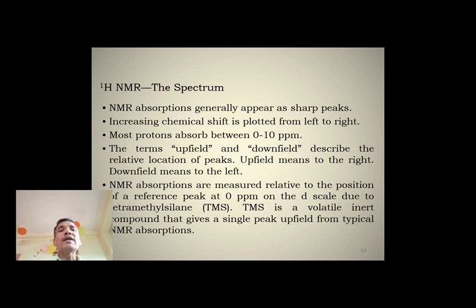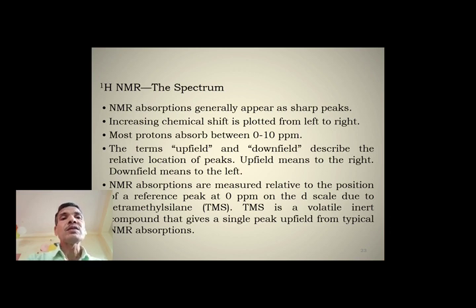In the proton NMR spectrum, NMR absorptions generally appear as sharp peaks. Increasing chemical shift is plotted from left to right. Remember, if chemical shift increases, then the delta value increases and protons are said to be deshielded.